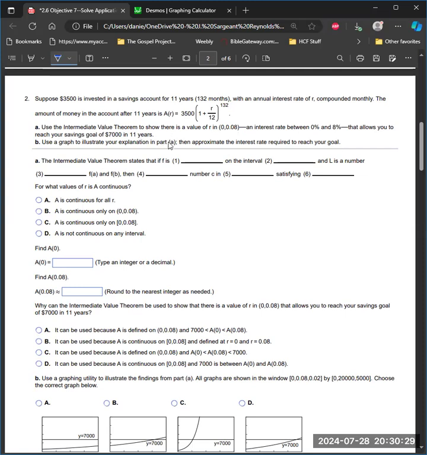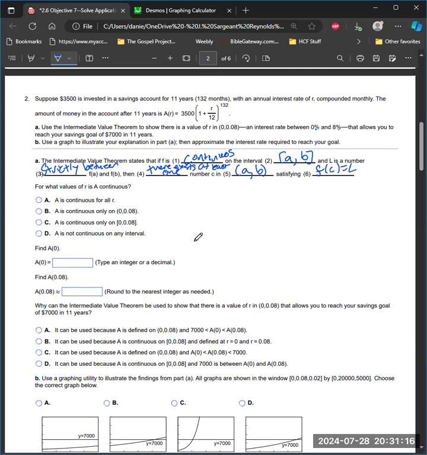So first thing is that F is going to be continuous on the closed interval A to B, and L is a number strictly between F of A and F of B. Then there exists at least one number C in the open interval A, B, satisfying F of C equals L. That is my intermediate value theorem.